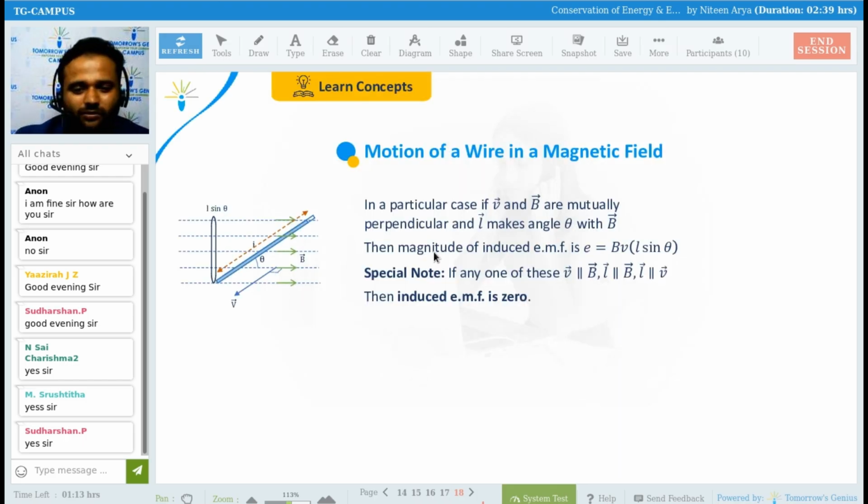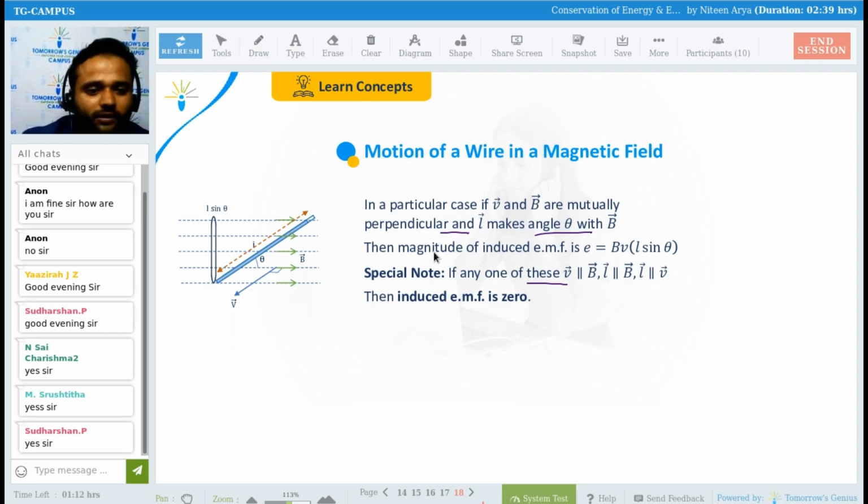Moving ahead. Just extra things. In a particular case, if B and V are mutually perpendicular and L makes an angle theta with B, then the magnitude of the EMF is BLV sine theta. Special note: if V is parallel to B, or L is parallel to B, then the induced EMF is going to be 0.